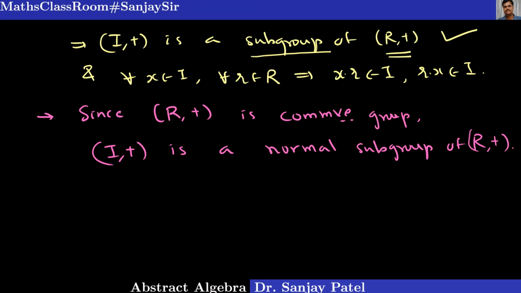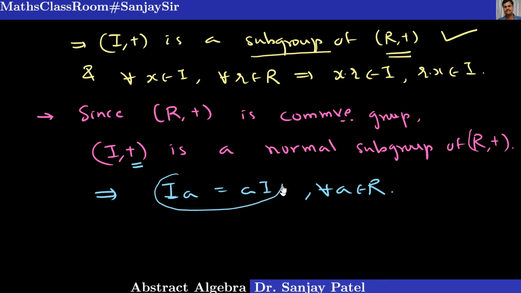The meaning of this is every left coset of I is the same as the right coset of I in R. So that implies I can write Ha equals aH for every a belongs to R. But here the operation is plus, so we are not going to write this notation. We are going to write the notation I plus a is equal to a plus I for every a belongs to R. So remember, if I is an ideal in the ring, then that ideal is always a normal subgroup of the group R.